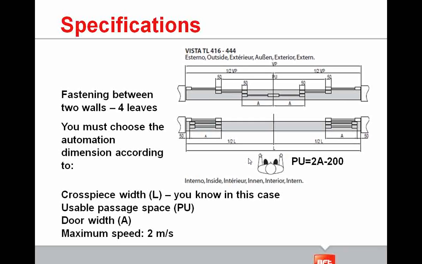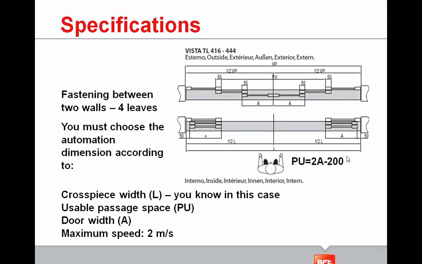Another example is this one. Here you can install the 4-leaf automation between 2 walls. So in this case, you cannot know the usable passage, but you know the crosspiece width L. So you have L, and then you can calculate the usable passage for this automation.